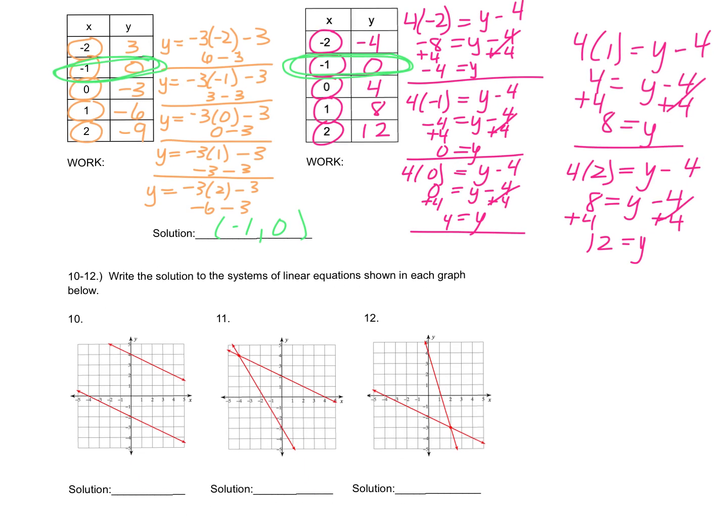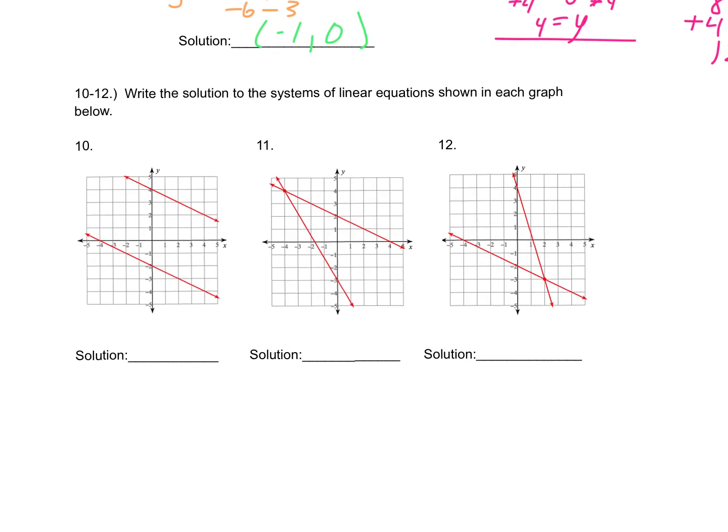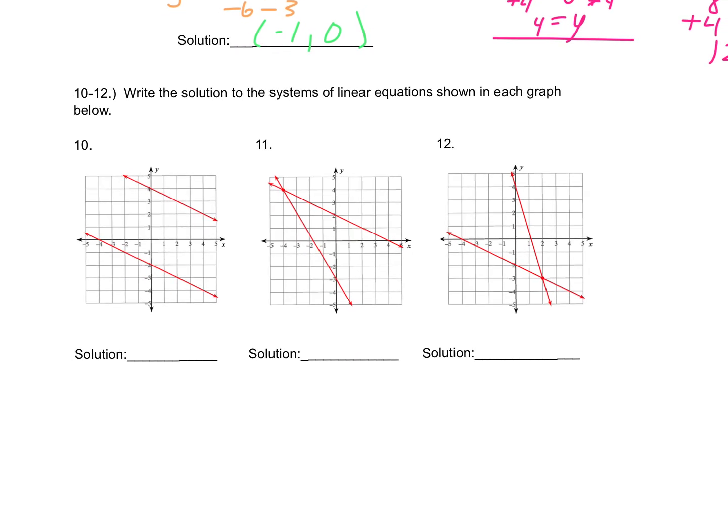Make sure you show all of your work. And then to wrap it up, you're going to just look at the graphs and write the solution. So we can see parallel lines. That means no solution. Okay, where the lines intersect, that's one solution.